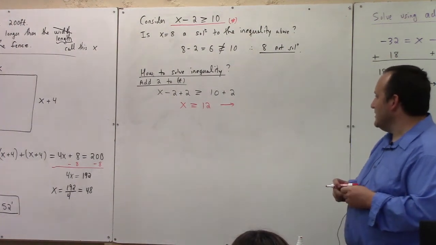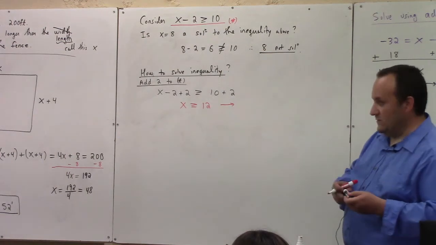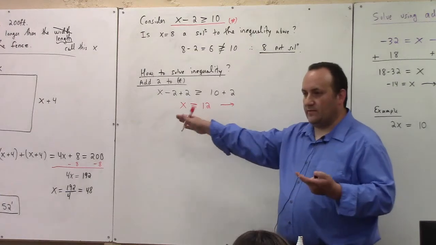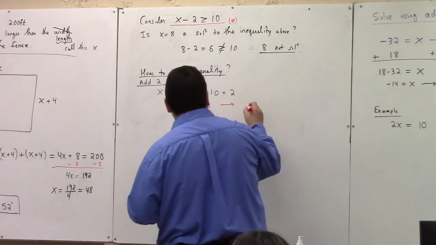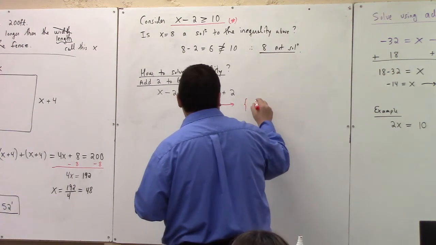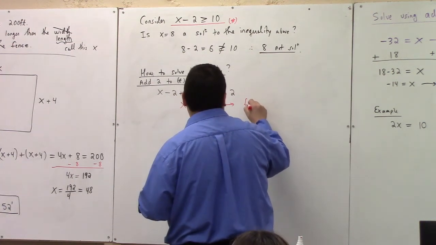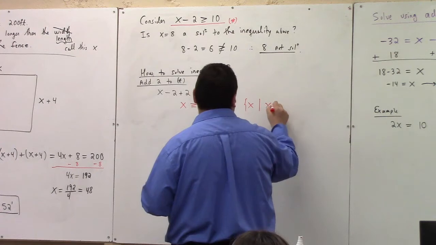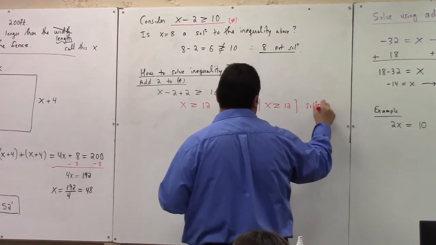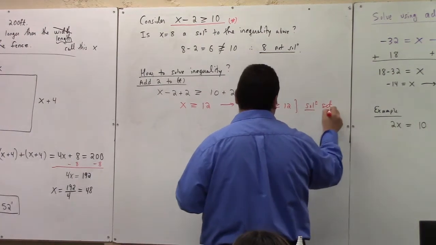But anyway, so interval notation, there's two other ways to express this, right? The solution set would be this: x such that x is greater than or equal to 12. This is the solution set to the inequality.